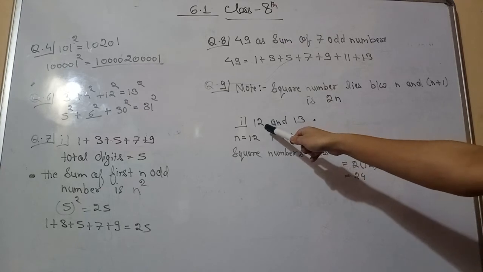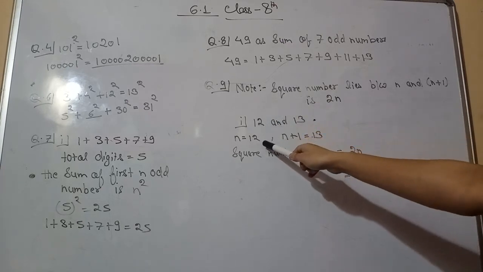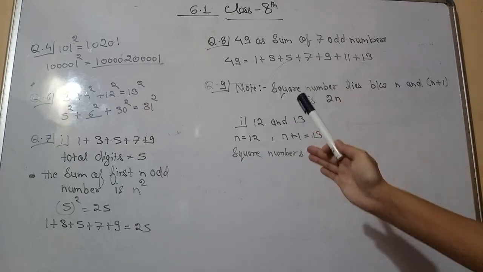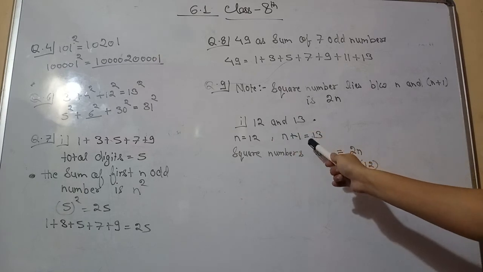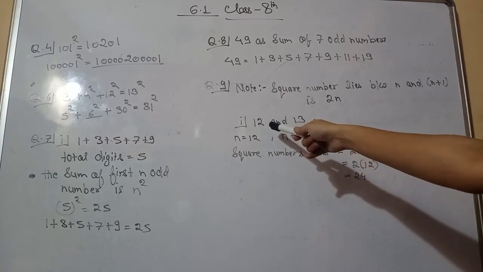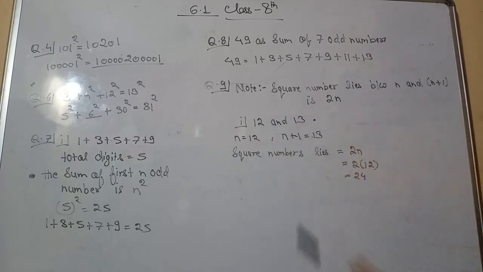Here n is 12 and n plus 1, 12 plus 1, gives us 13.